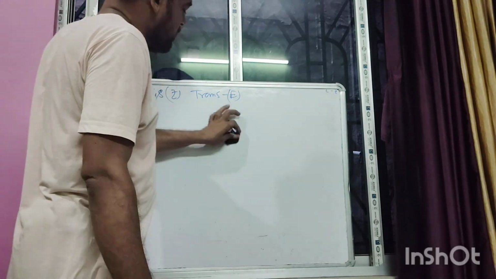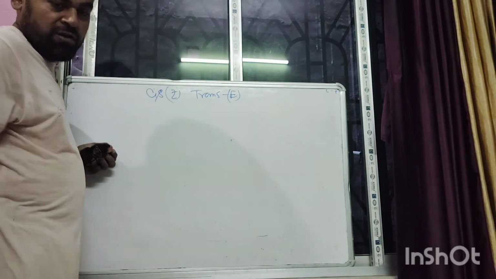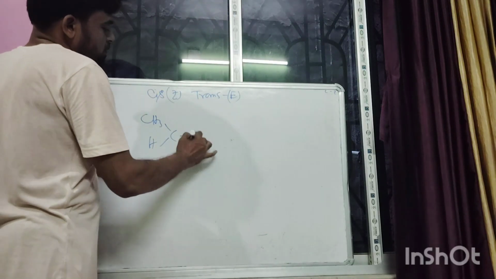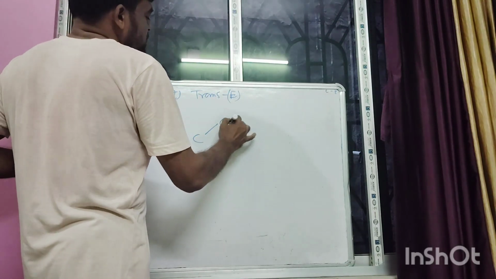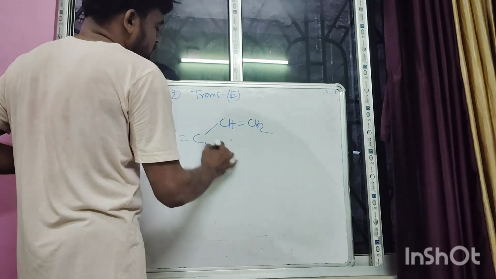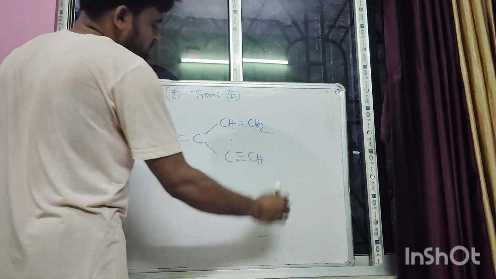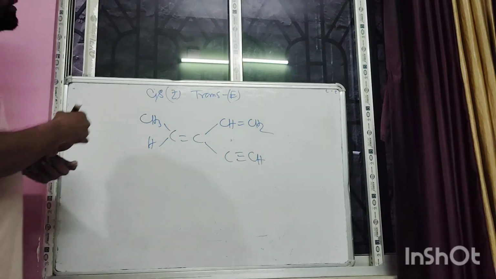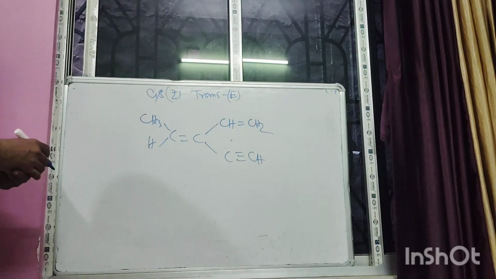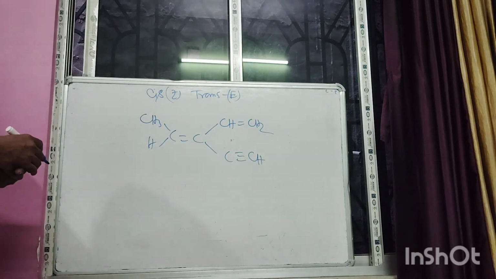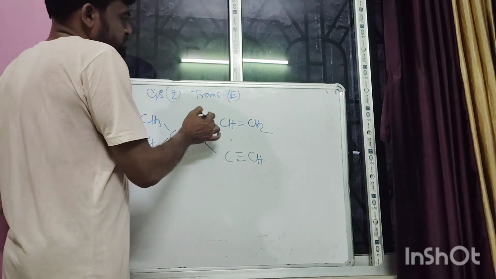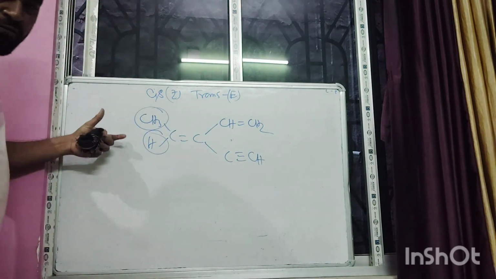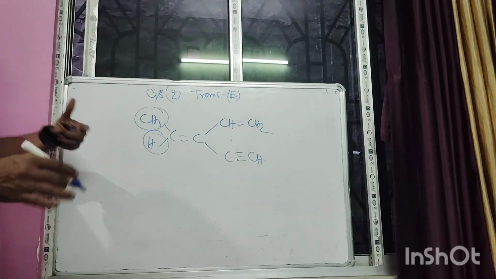Another example of E and Z isomer is CH3CH double bond C, CH double bond CH2 and C triple bond CH. Here there are no similar atoms in the same or opposite directions. Here you have to calculate the priority order.